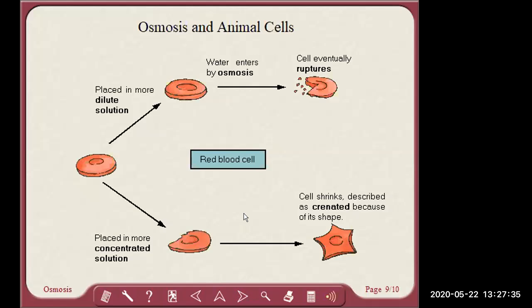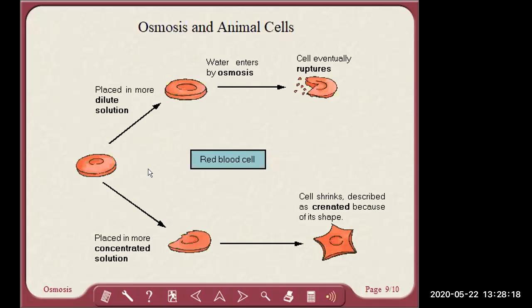Okay, in an animal cell, so we have an animal cell here.